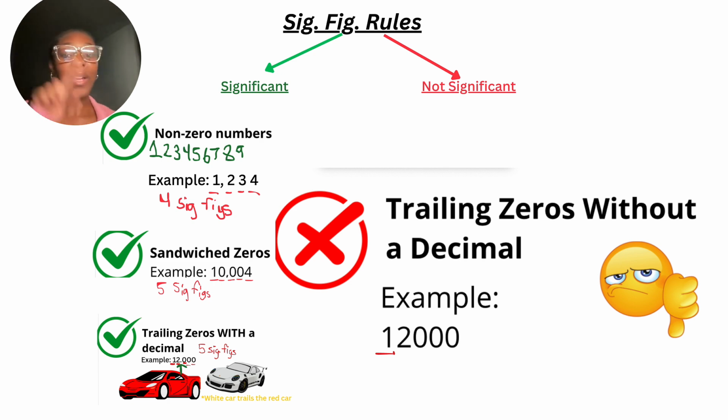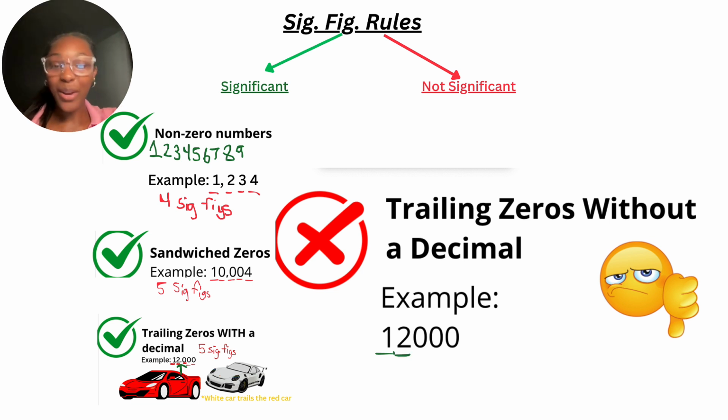In the previous example, we had 12.000. And in this example, we have 12,000. You see here that there is no decimal present, but we have 1 and we have 2, which are our non-zero digits.